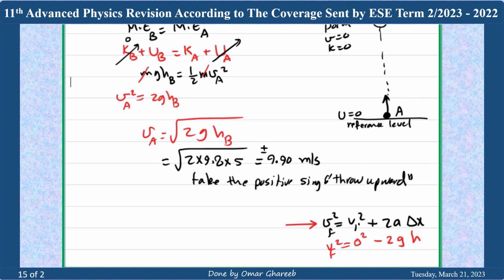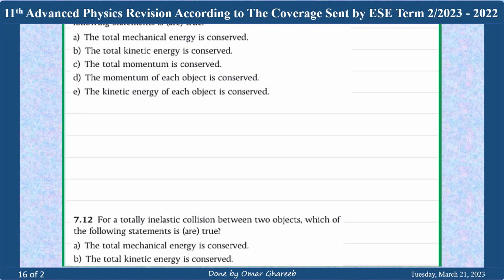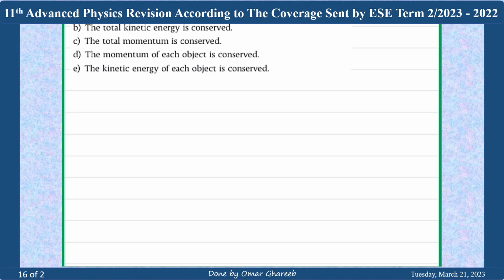Yes. Okay. Now let's go to outcome number 14. Now identify that collision can be either elastic, partially inelastic, or totally inelastic. Now for elastic collision, we must discuss this thing.